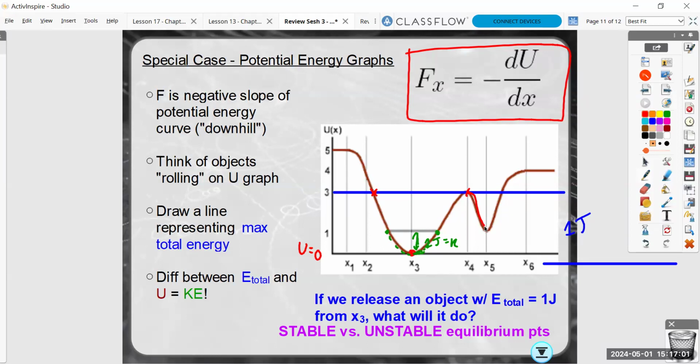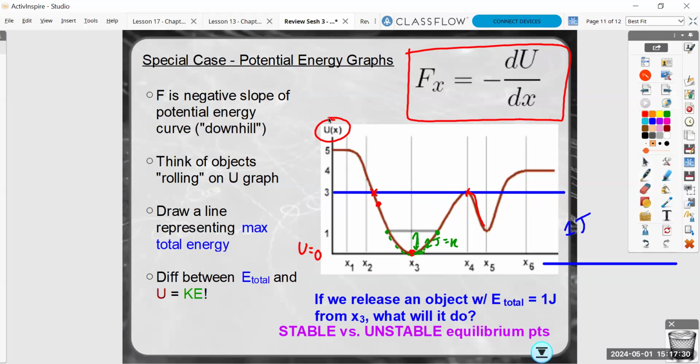Yep. So why is force the negative derivative? The reason is, imagine that I put my object here, right? It's going to feel a force pushing it to the right. It's a little weird. Remember the graph, it's very tempting to think of it being pulled this way, or down. But this is potential energy as a function of x. So I want you to think about your object moving on a road, right?